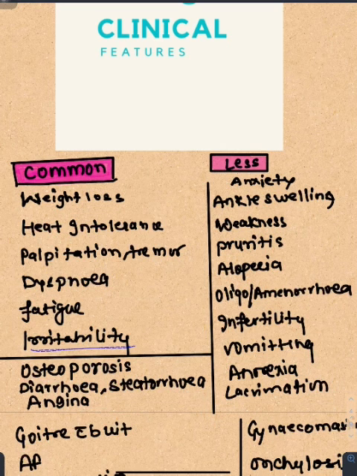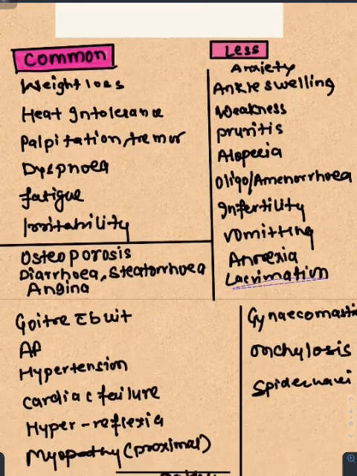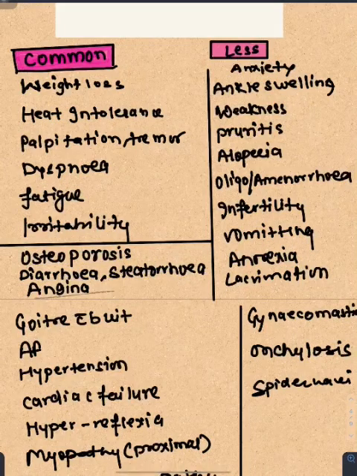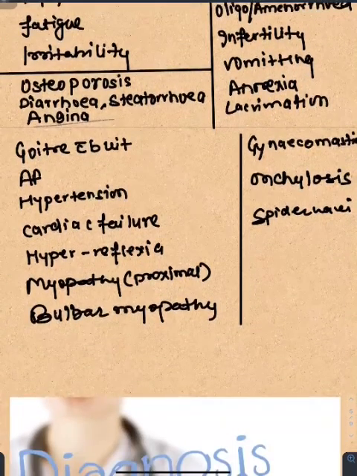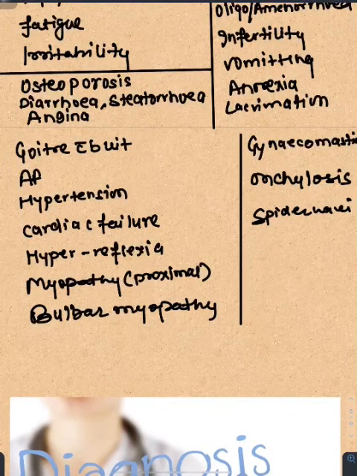And there are some less common clinical features, that is anxiety, ankle swelling, weakness, pruritus, alopecia, oligomenorrhea or amenorrhea, infertility, vomiting, anorexia and lacrimation, osteoporosis, diarrhea, steatorrhea and angina, and some goiter with bruit.